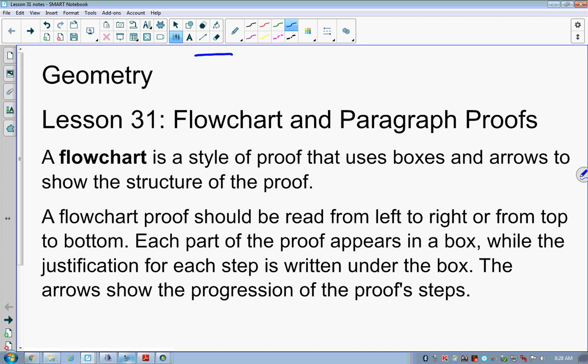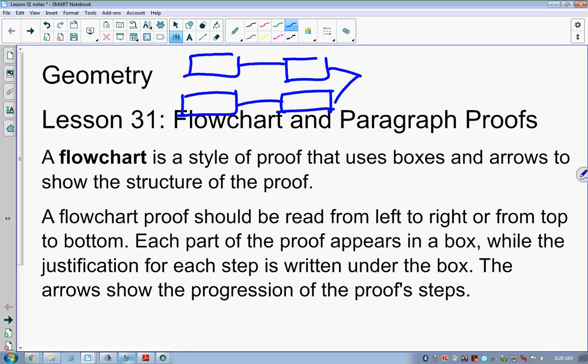If we start, say, with a couple of givens, we may see something like this, and then they come into the same thing. That type of flowchart would be read from left to right. The reason we have things like flowcharts is because sometimes we have more than one given that leads to its own conclusion.